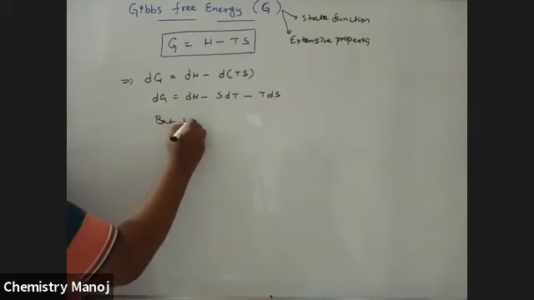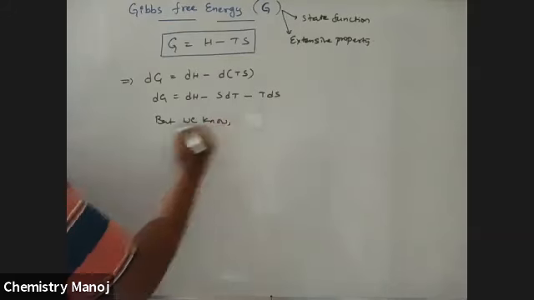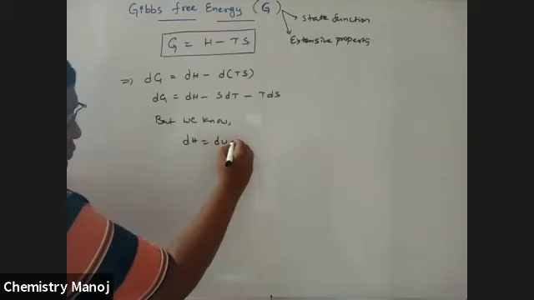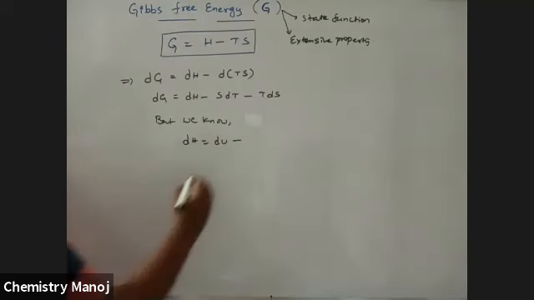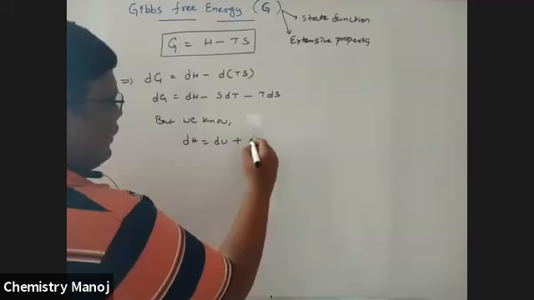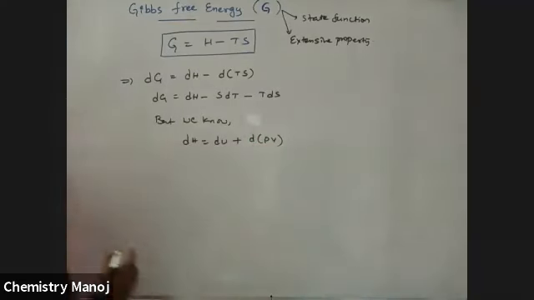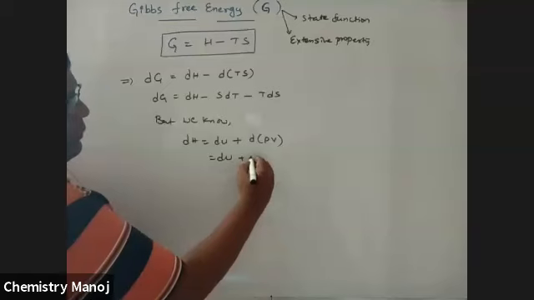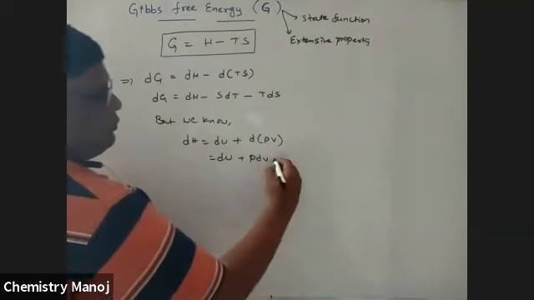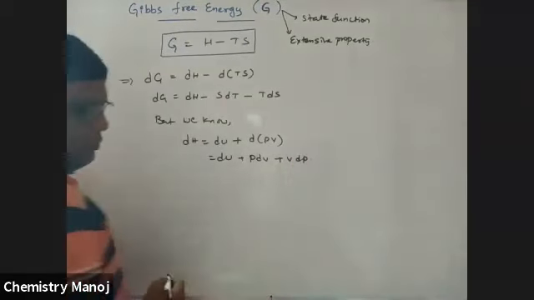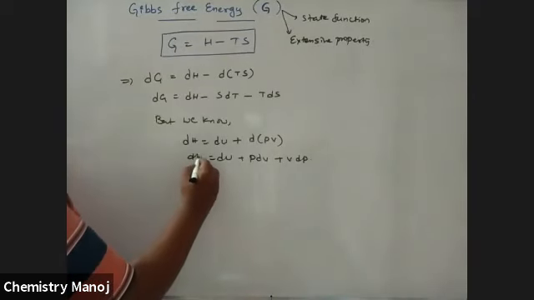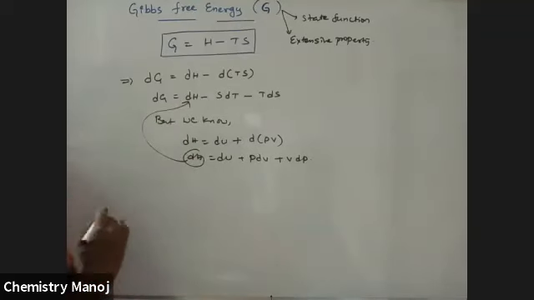But we know dH is equal to dU plus d of PV. That implies dU plus P dV plus V dP. Substitute this dH value here.